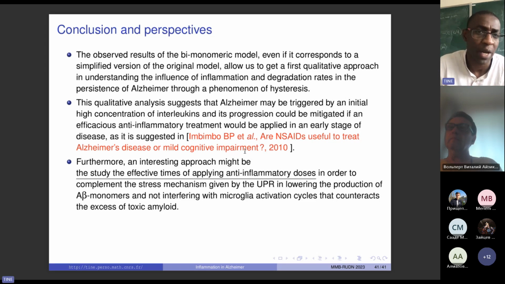So in my knowledge, I have not seen a general model where the dynamics and the effect of inflammation are taken into account. But probably it exists, we just didn't see it yet. Okay, thank you. You're welcome.